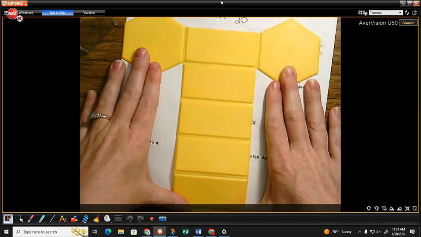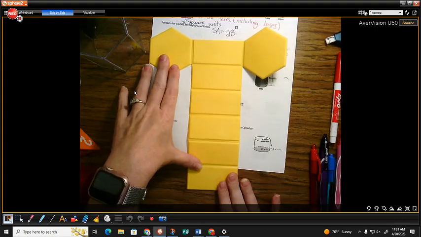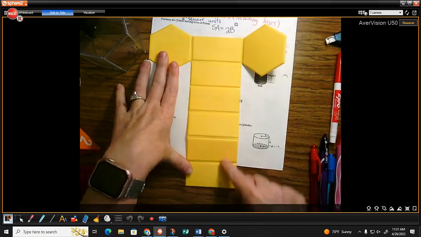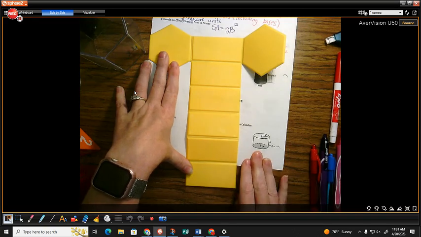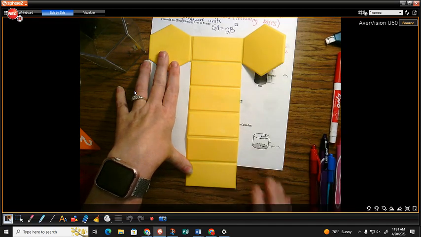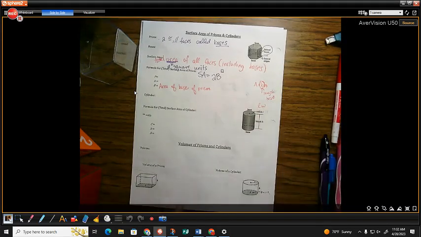Well, what shape is this lateral surface? It's a giant rectangle. How do I find the area of a rectangle? It's length times width, right?